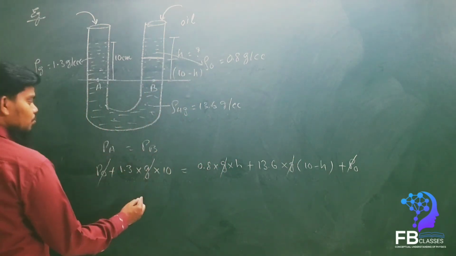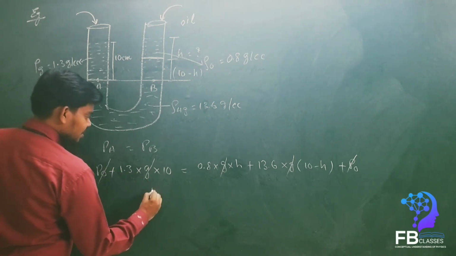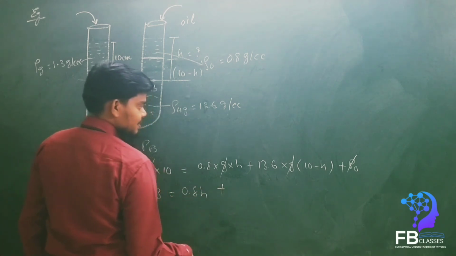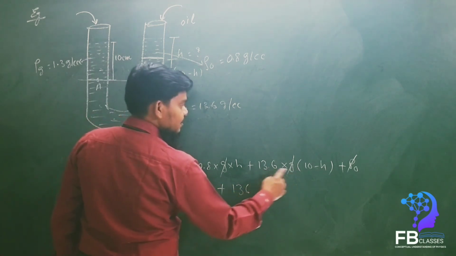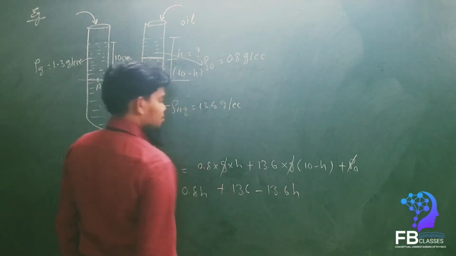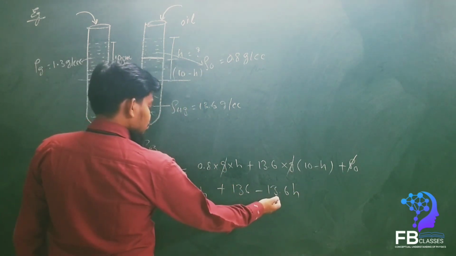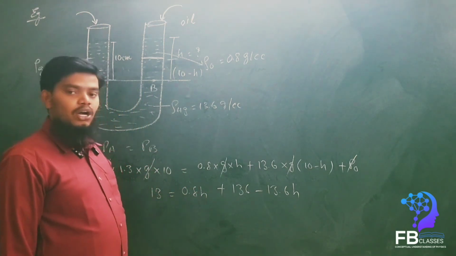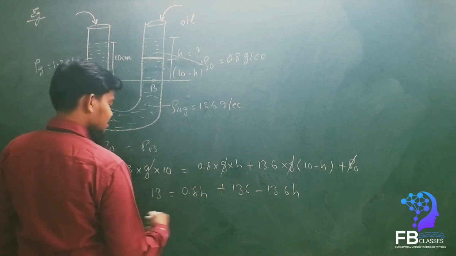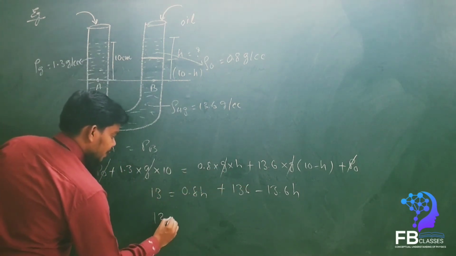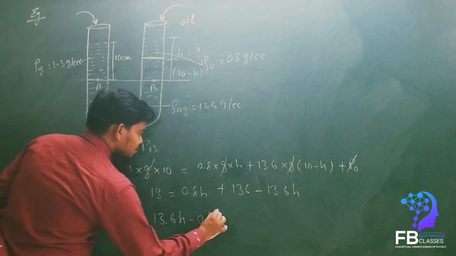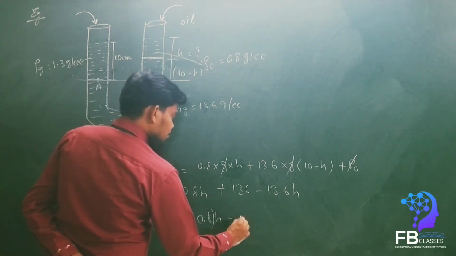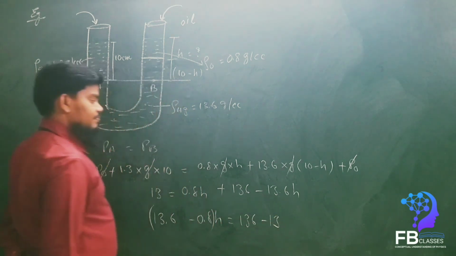How much remains here? 1.3 into 10, that is 13, equal to 0.8 H plus 136 minus 13.6 H. Taking this side, it will be 13.6 H minus 0.8 H. Take H common: H times 12.8 is equal to 136 minus 13.